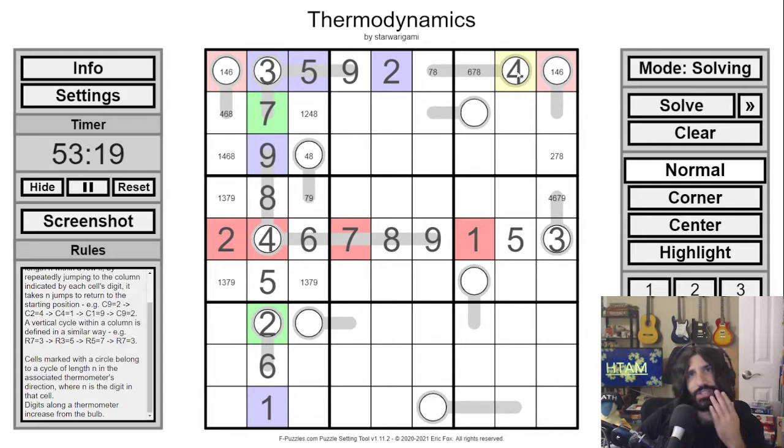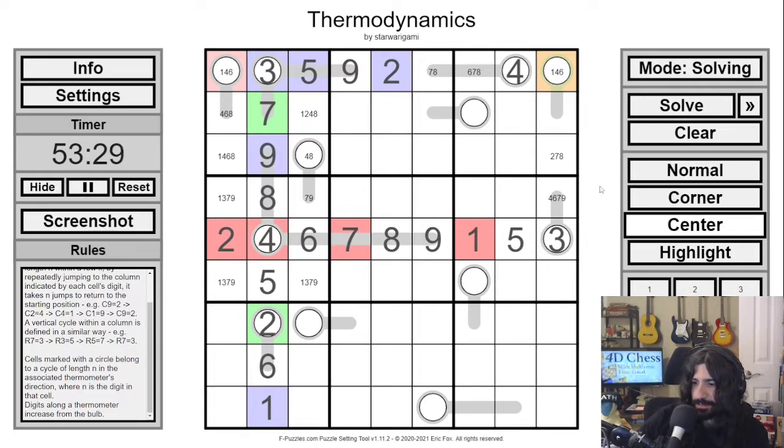Is that the right conclusion? I think that's the right conclusion. So 4 points to 9 points to this. Well, this can't be a 4 now, right? 4, 9, boom. And if this was a 1, then this would have to be an 8, which it can't be.